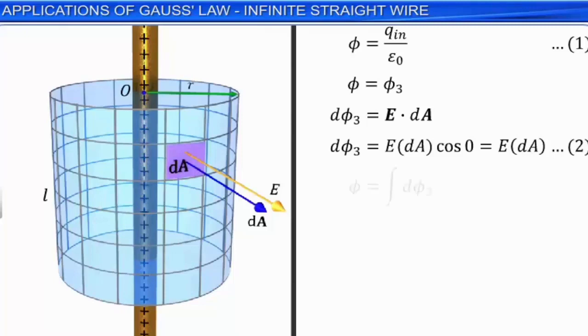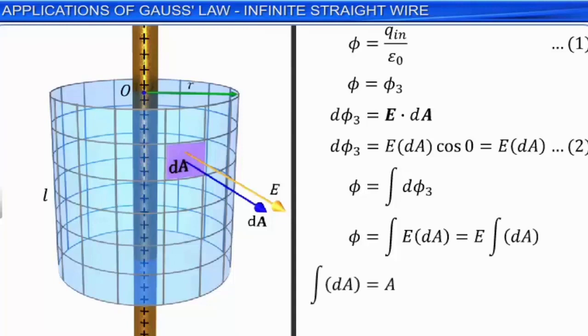Since all points on the Gaussian surface 3 are equidistant from the charged wire, the magnitude of electric field strength E for any point on the Gaussian surface is a constant. Therefore, we can write phi is equal to E into integral dA. We know that integral dA is equal to A, which is the area of the Gaussian surface considered. Therefore, phi is equal to EA.